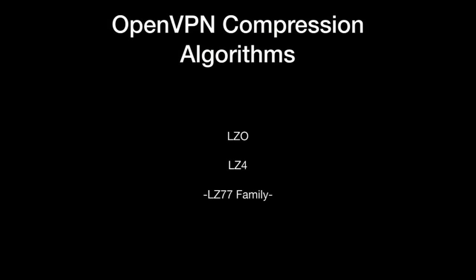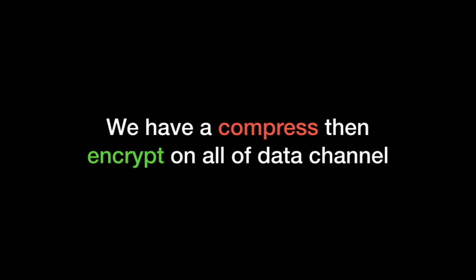That's easier even in terms of development, and from an attacker's point of view, because with Huffman coding there are other complex issues that are part of doing a compression Oracle attack. And as I said, with respect to VPNs, we have complete data channel compression followed by encryption.